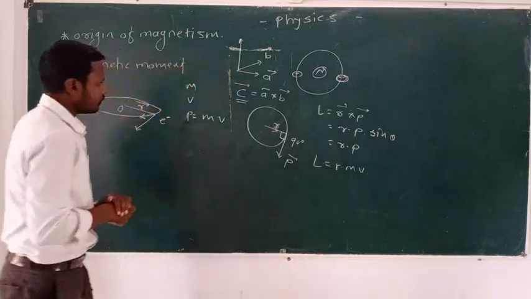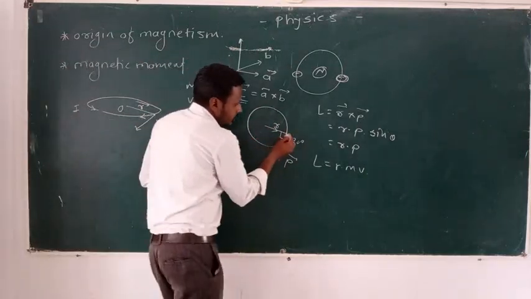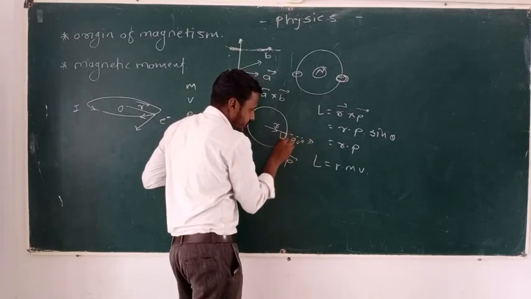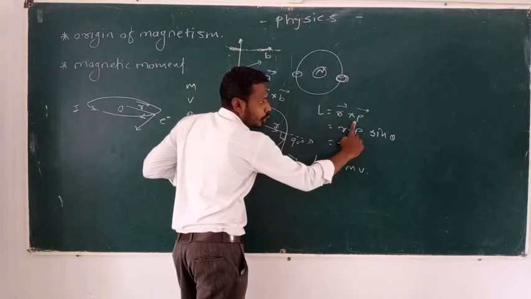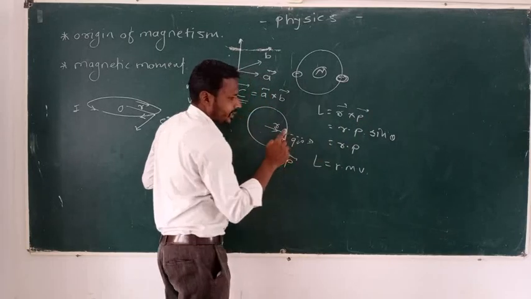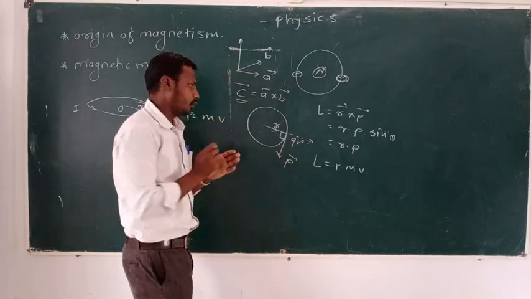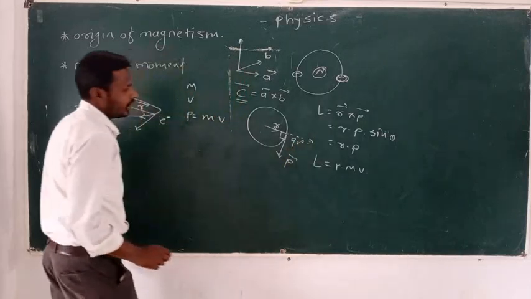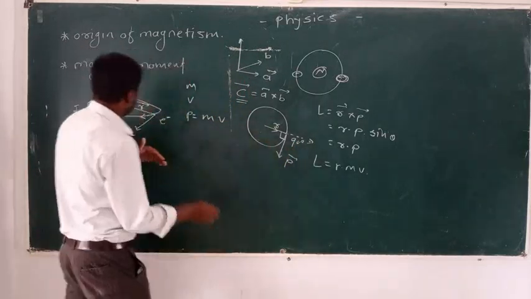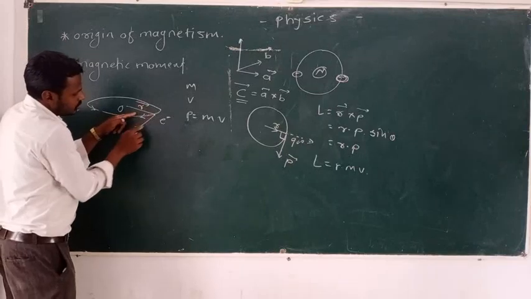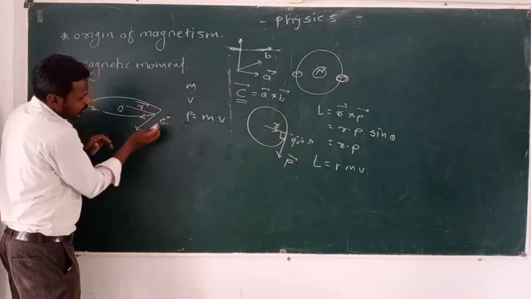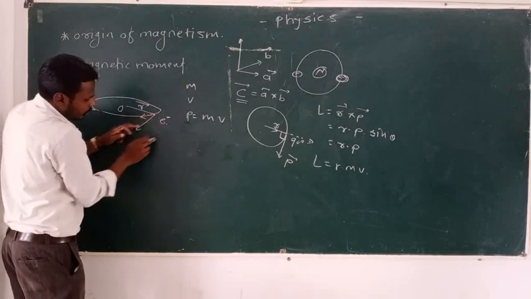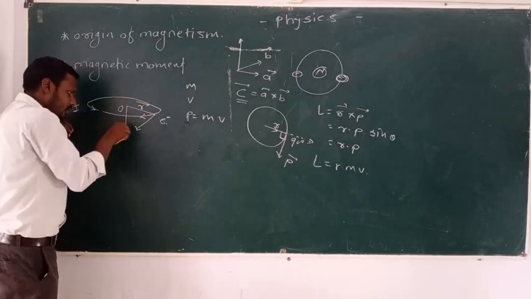Now if this is the r bar and this is p bar, r bar cross p bar, L bar is in this direction. Extending that point, if r bar cross p bar, then it is the downward direction.